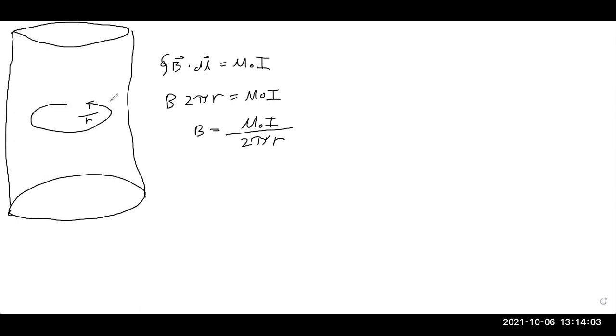Our Amperian loop could be entirely within the wire or outside of it. If this wire has still a current I going upwards, a constant current density going upwards, then it becomes a question of how much of that current passes through the Amperian loop.